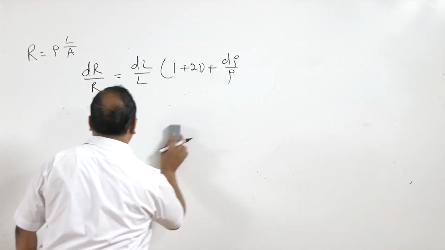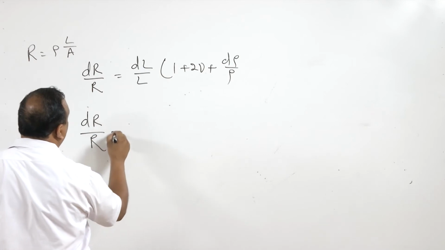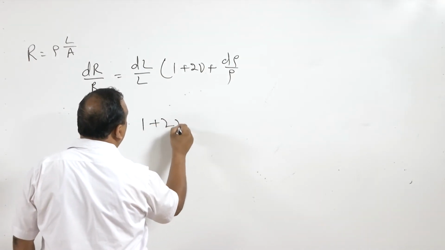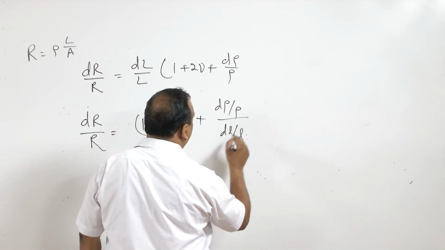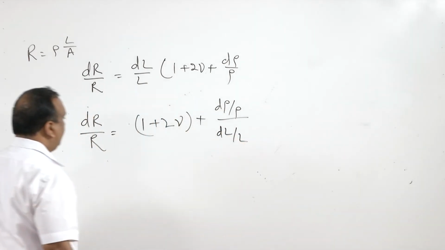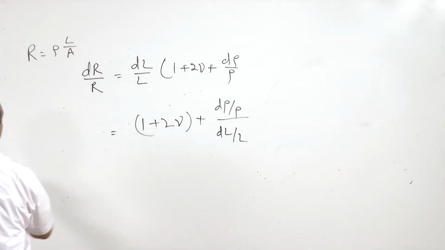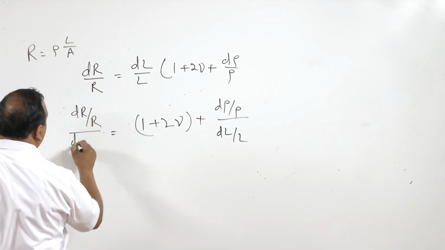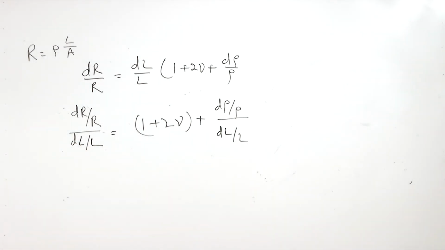Now we have to take dr upon R. So dr upon R is equal to 1 plus 2 nu plus d rho upon rho divided by dl upon L. Sorry, it is capital L. So dr upon R divided by dl upon L, this is the gauge factor.